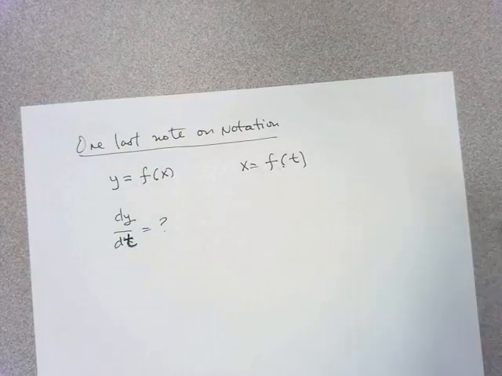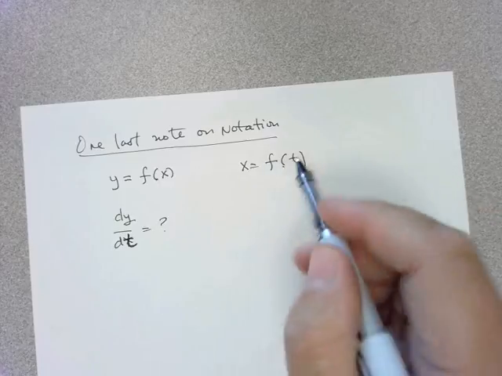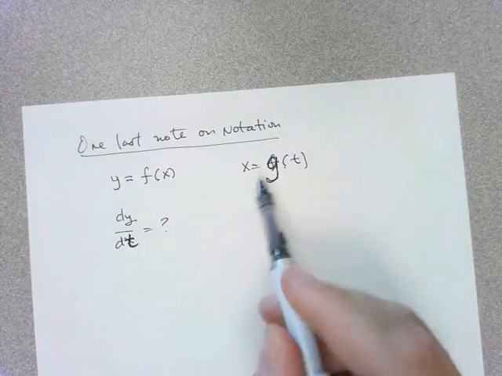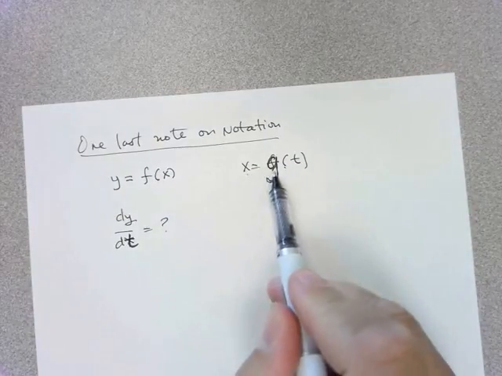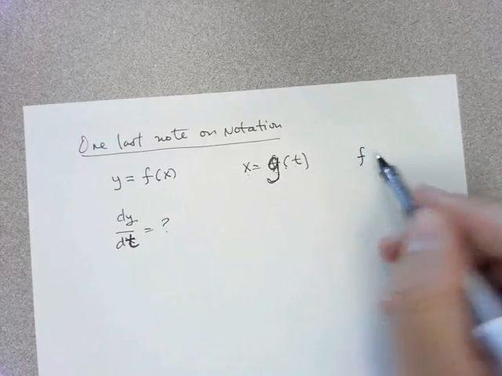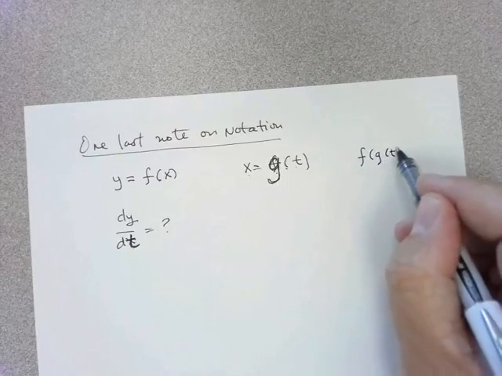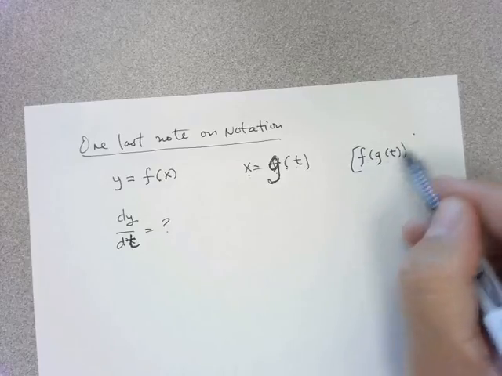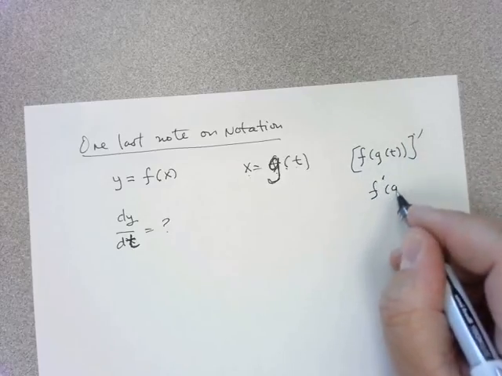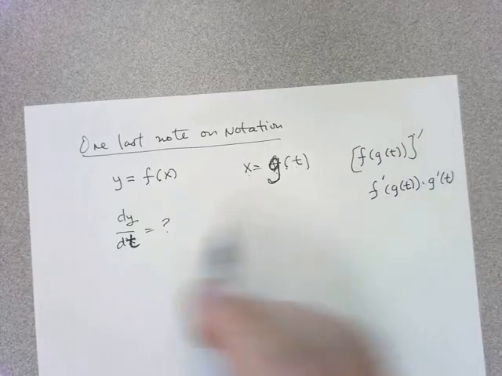Well, if I think about the chain rule, I don't want to use f here, g, there we go. I want to use the same letter. Sorry. y is a function of x, x is some other function of t. So the chain rule says that if I want to take the derivative of f of g of t, that's f prime of g of t times g prime of t.